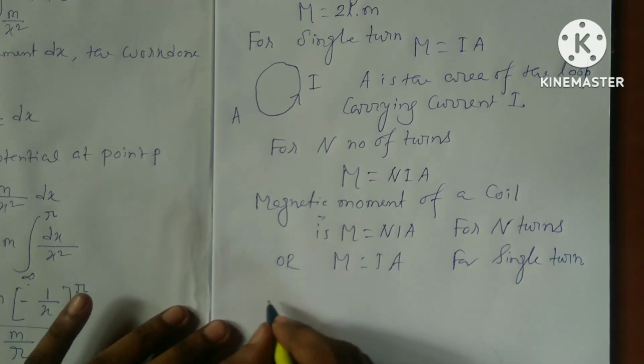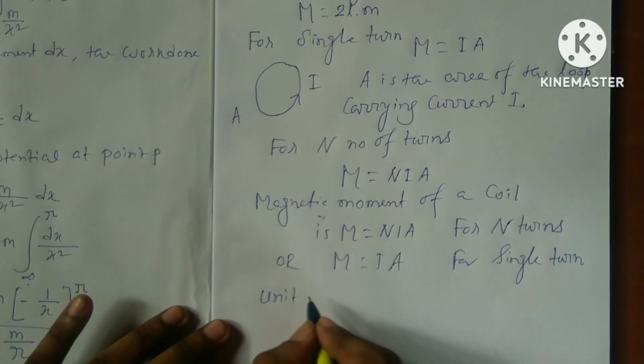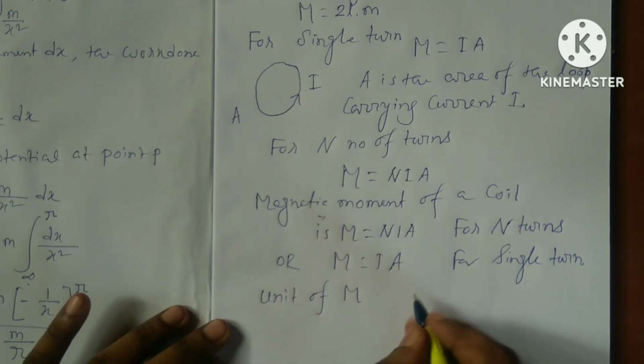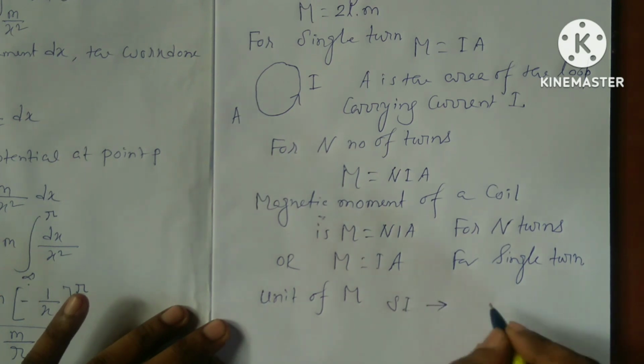So the unit of M in SI system is ampere meter square.